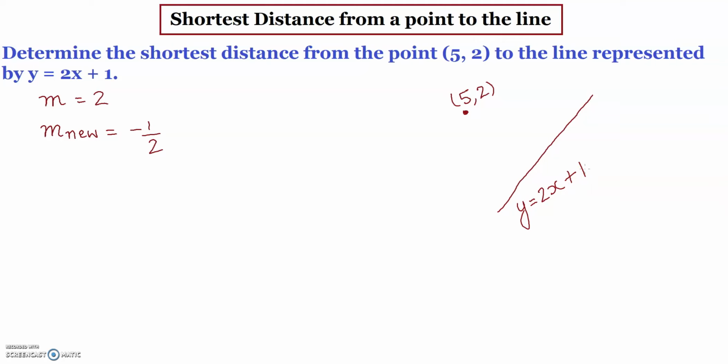Then we can use the given point (5, 2) and the negative reciprocal slope to find the y-intercept.